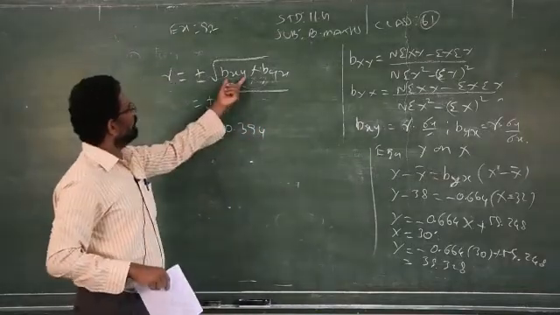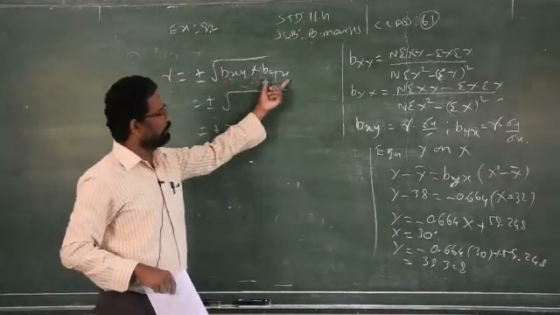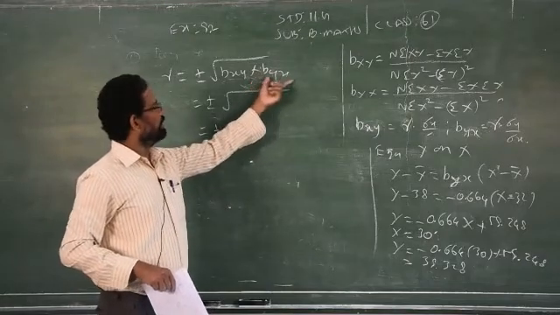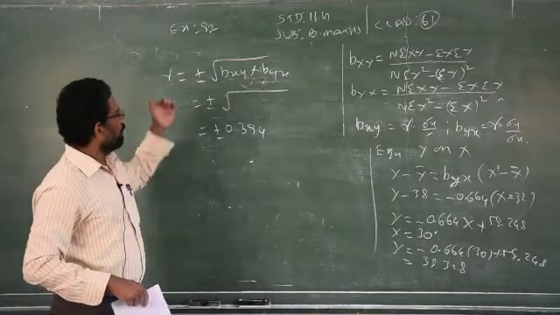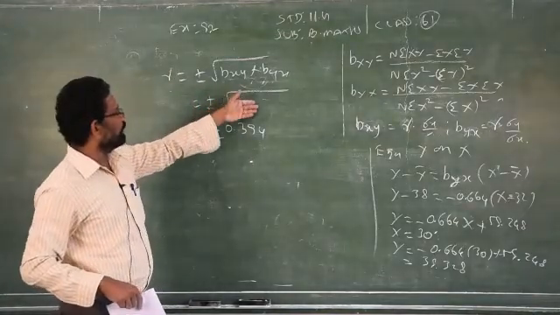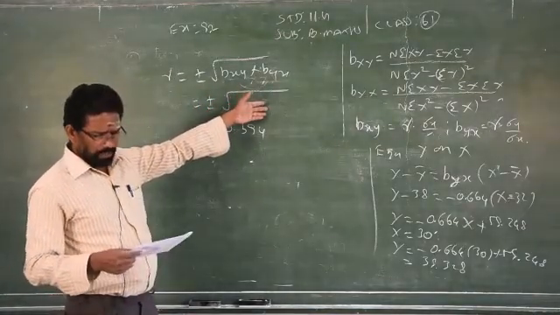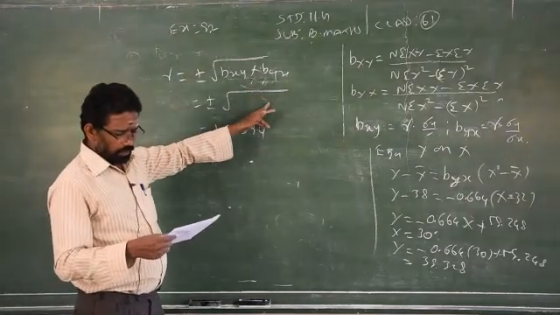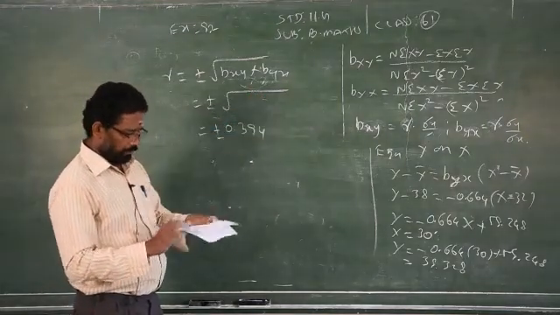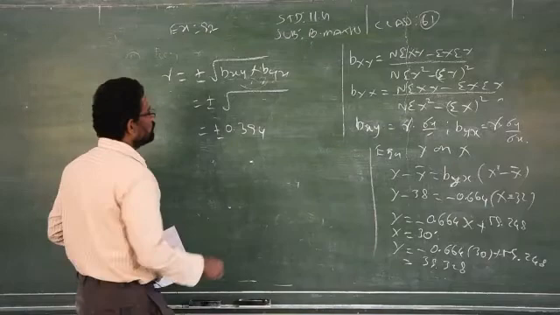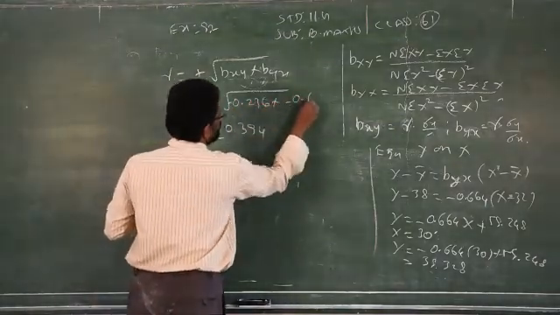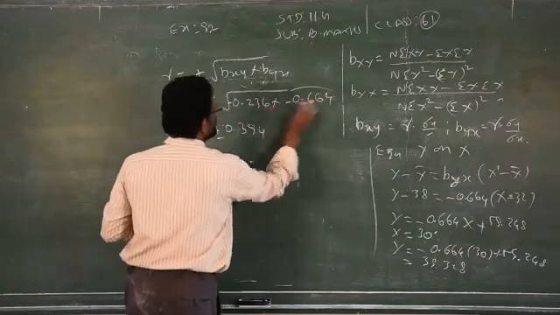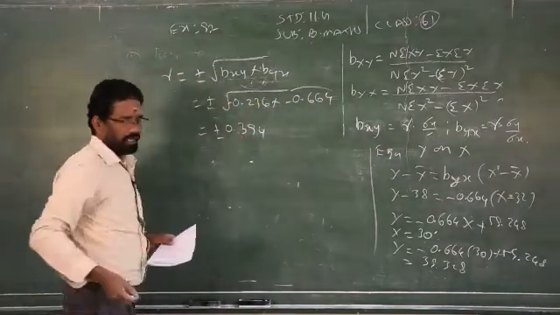Just write the bxy value into the byx value. So we already found, just replace minus 0.234 into minus 0.664, multiply and take the square root, you get the answer.